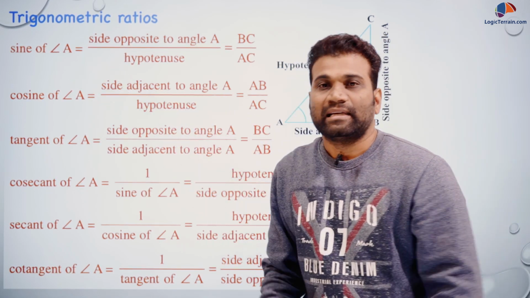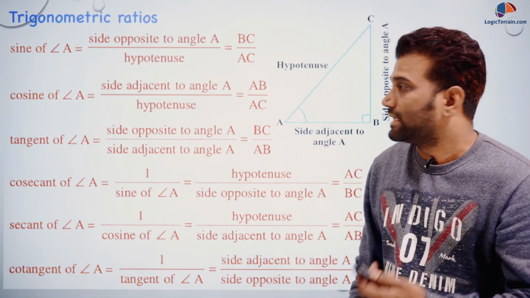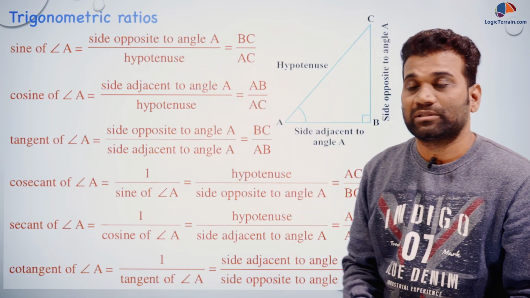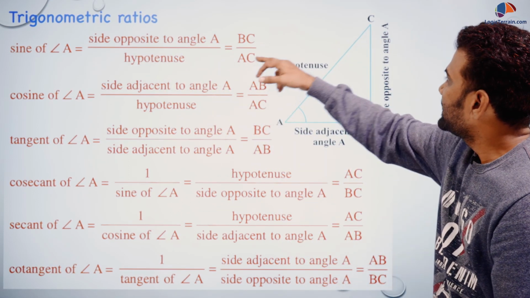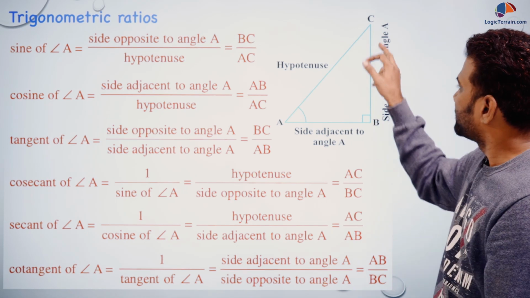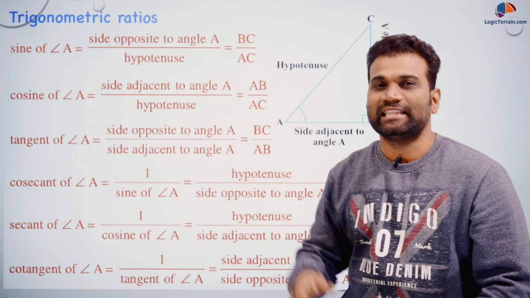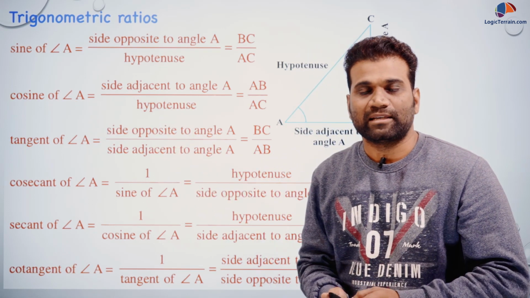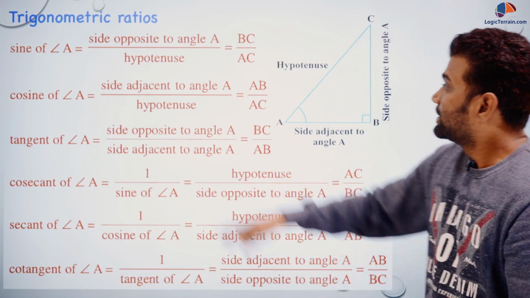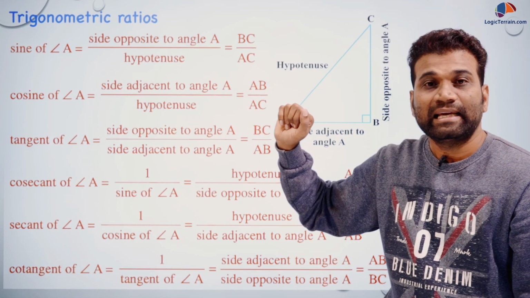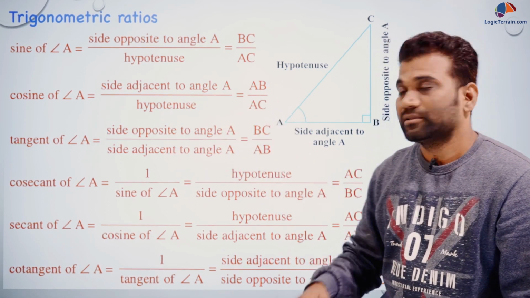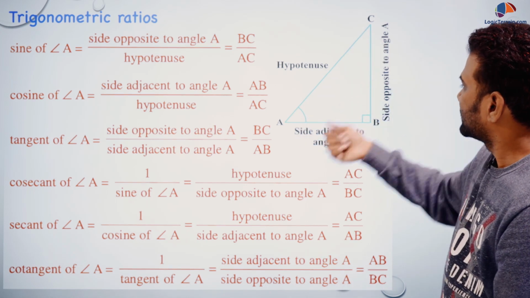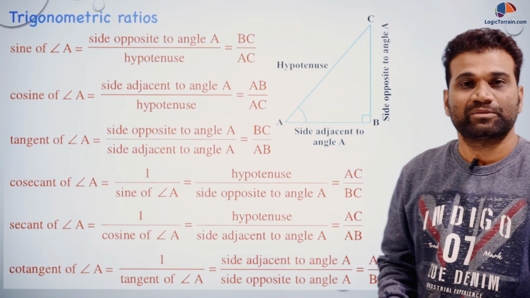Sine of angle A, that is sine theta or sine A, is equal to the side opposite to angle A upon hypotenuse, that is BC upon AC. And cosine of angle A, that is cos A or cos theta, is the side adjacent to angle A upon hypotenuse, that is AB upon AC, base upon hypotenuse in other terms.